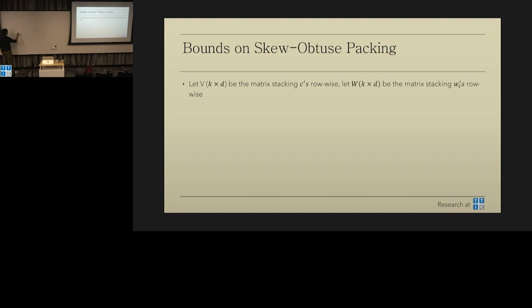Maybe that's bad notation, but V is the matrix which is just stacking all the c vectors row-wise, and W is the matrix which is just stacking all the w vectors row-wise. That's all.